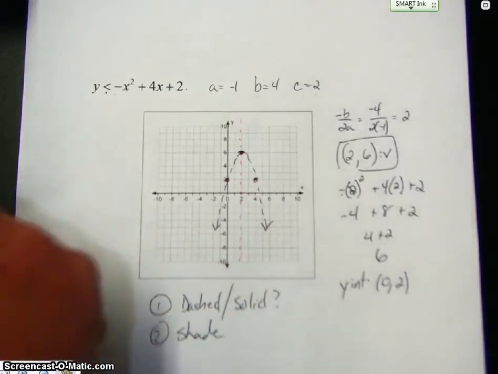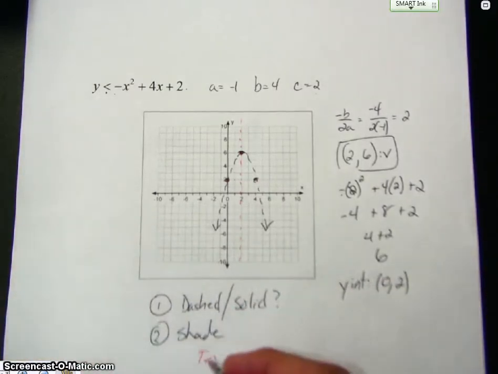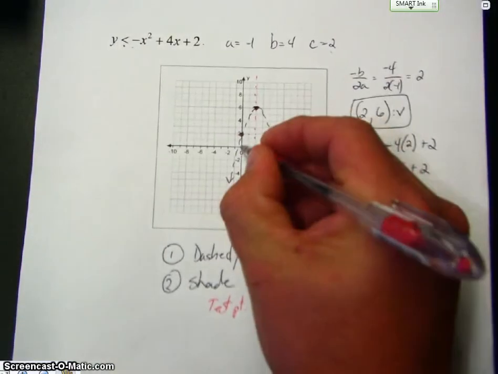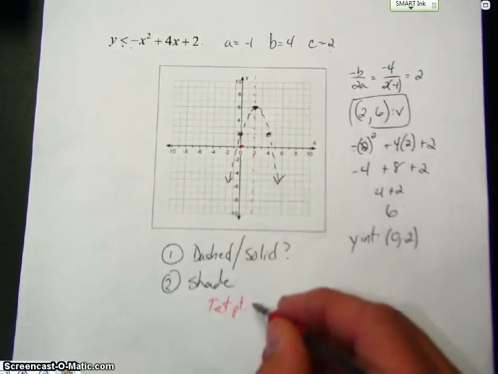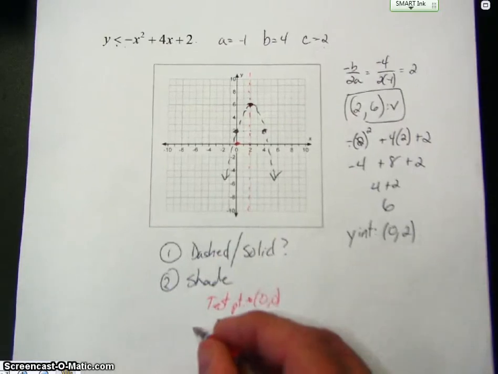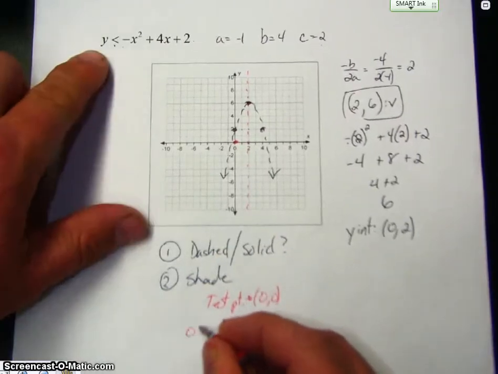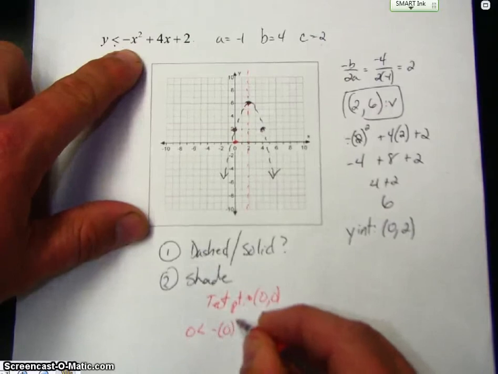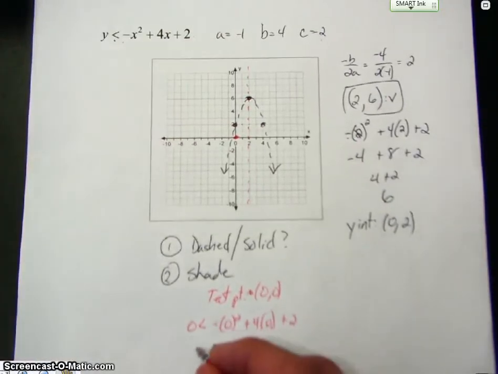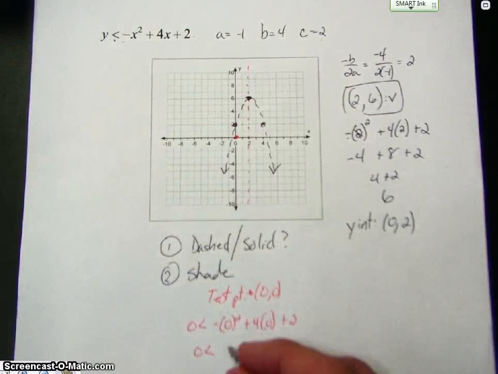Okay, so I'm using a test point. My test point will be the origin again, so I'll mark it. All right, so I'll plug that in. So y is 0 less than -0 squared plus 4 times 0 plus 2. 0 is less than, that's all 2.